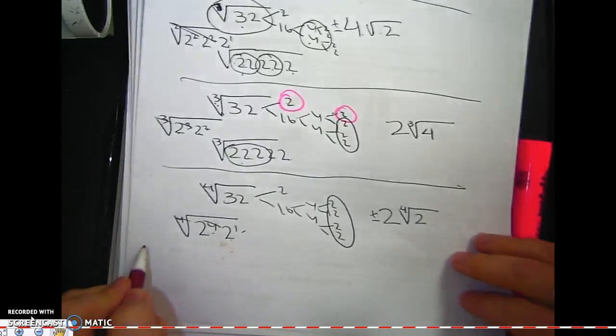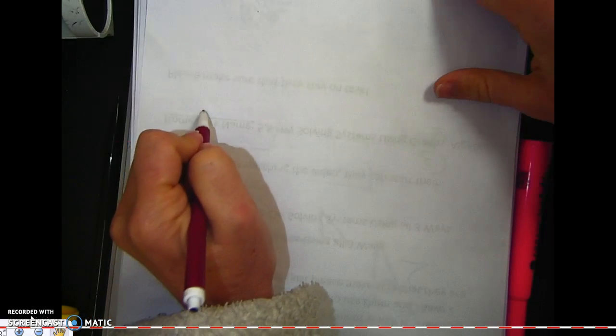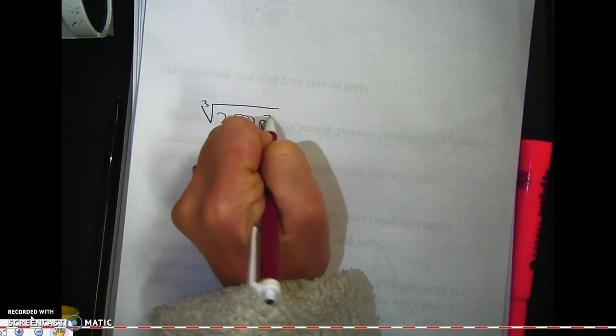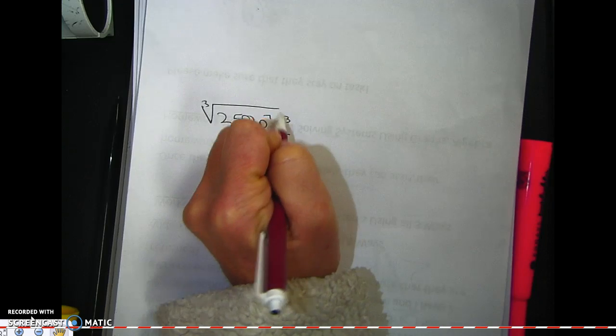Okay? Now that we have that, let's step it up a little bit more. This time what I'm going to do is let's do the cube root of, let's see, 250, p to the 7th, q cubed, and r. Okay, let's go even a little bit crazy.